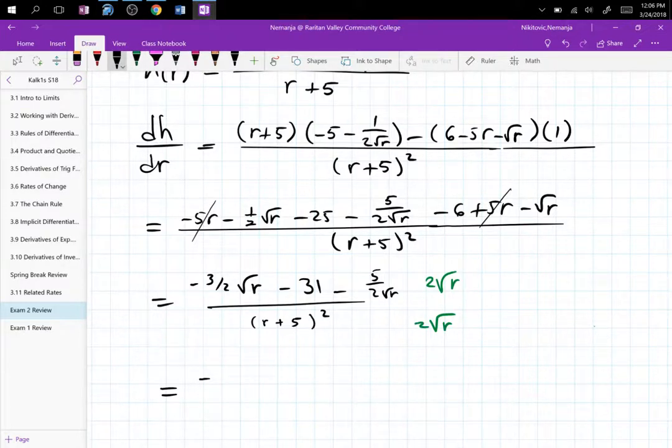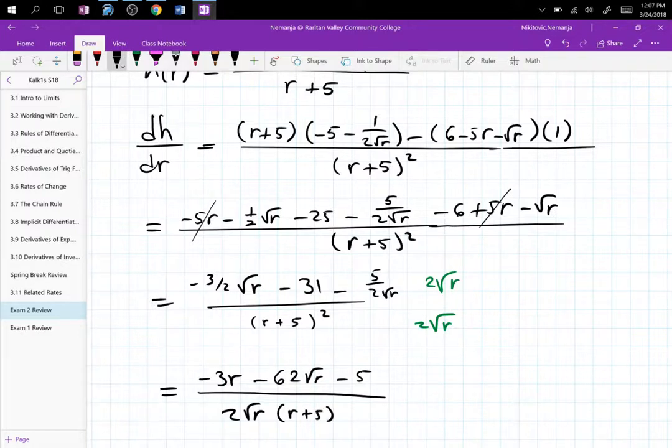So this becomes negative 3R because 2 and 2 cancel, and root R times root R is R, so there you go, negative 3R, minus 62 root R, and on the second parenthesis everything cancels, so it's just minus 5. The 2 root R in the denominator cancels, and in the denominator you just put this in front. So 2 root R times R plus 5 squared.